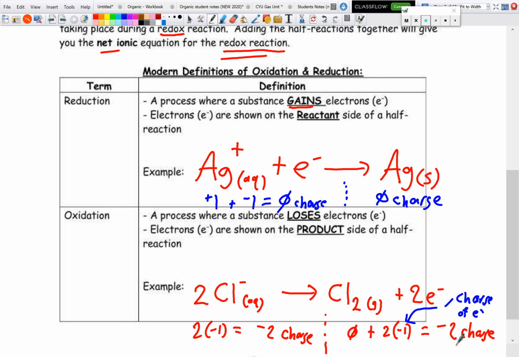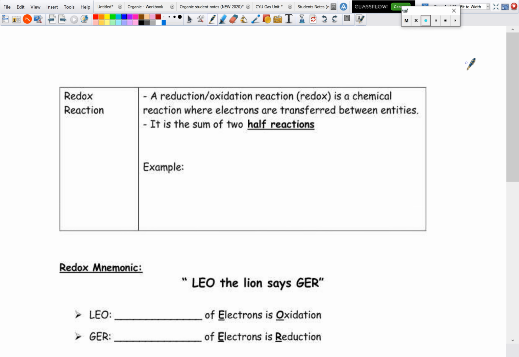So that's what we mean when we're doing our half reactions: we balance by both mass and charge. Now for our redox reactions, redox is named from reduction oxidation reaction, so we combine them together to get redox. It's a chemical reaction where electrons are transferred between entities.